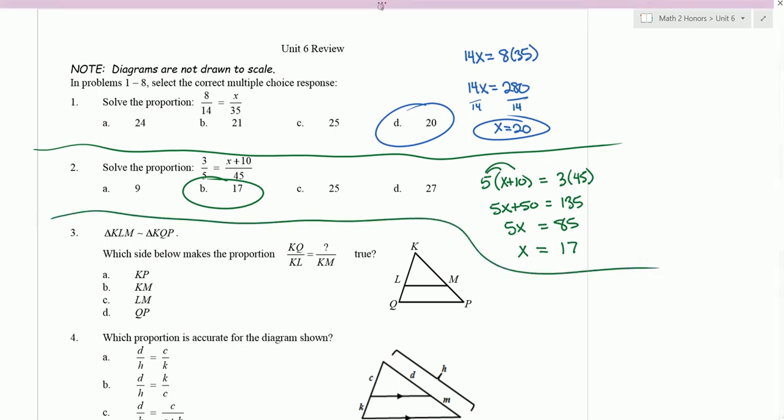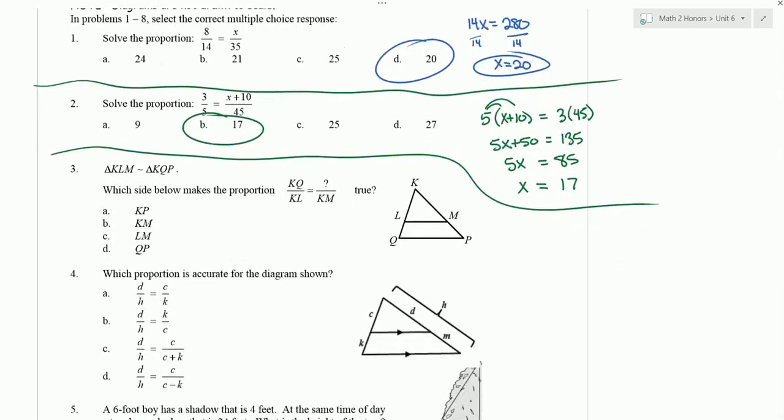Number 3, we have two triangles that are similar to each other, and it's asking which side below makes the proportion. So KQ, that's the first two letters from the first triangle, over KL, which is the first two letters of the first triangle.